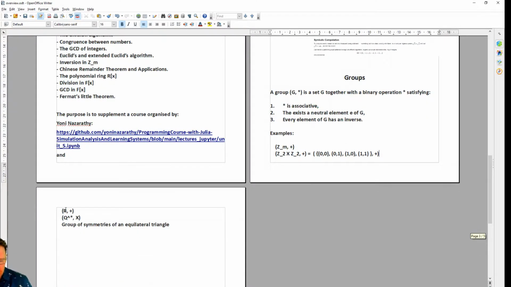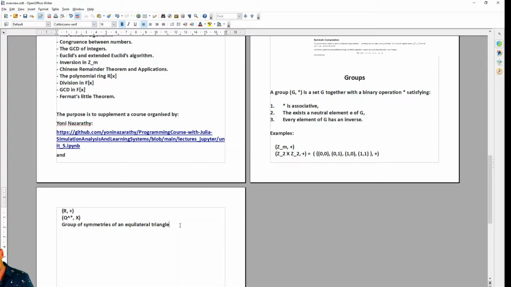Okay, next I'm going to talk about the real numbers together with addition, and I'm going to talk about the non-zero rational numbers together with multiplication. And then finally, the group of symmetries of an equilateral triangle, which is a finite group of order 6, but it doesn't have commutativity, so it's a nice example.